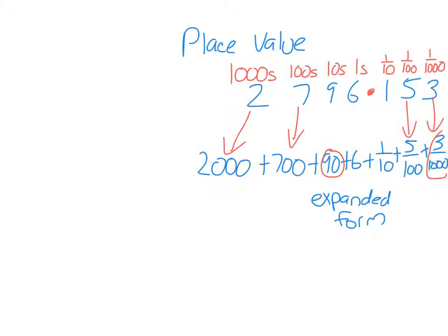So place value allows us to compare numbers. It allows us to see which one is bigger. So let's say I have numbers 4.235 and 4.532. So both of these numbers have the same digits but in a different order. So which one is larger? Well, both of them have a 4 in the ones column.